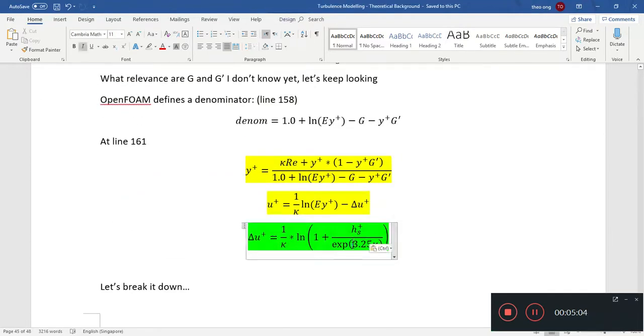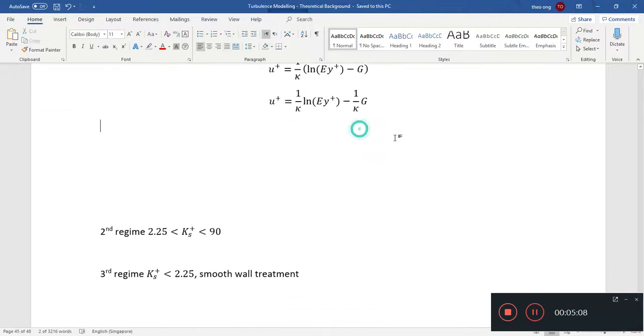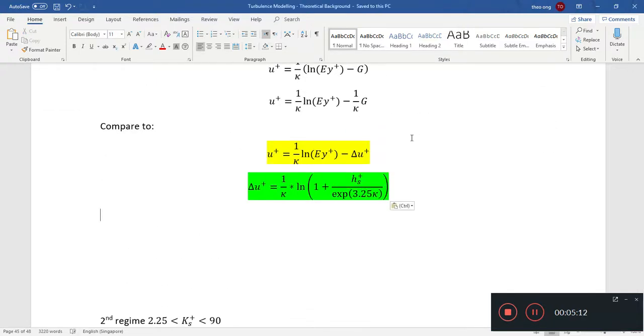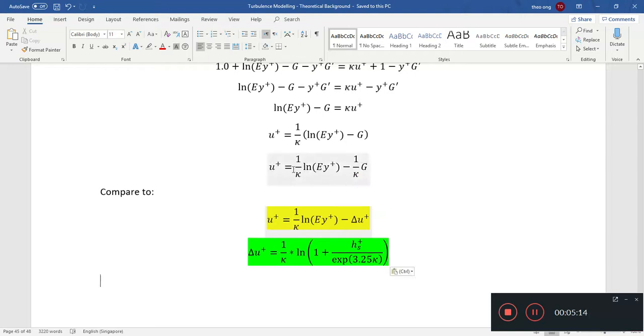So we compare to this. Compared to this, you can see the immediate resemblance. 1 over kappa ln E y plus is this part. And then this minus 1 over kappa G equals this delta u plus over here.